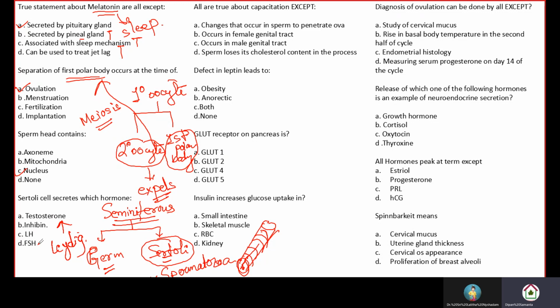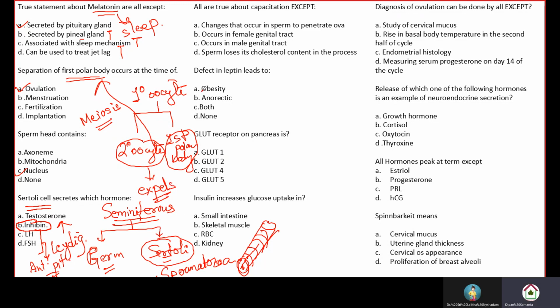And LH and FSH are both secreted by the anterior pituitary gland. Okay, and inhibin is secreted by Sertoli cells. The other hormone that Sertoli cells secrete is ABP, or androgen binding protein.